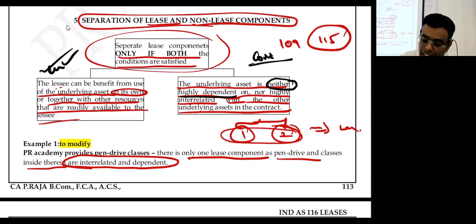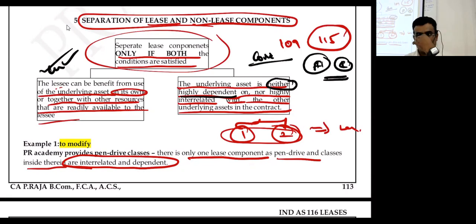Underlying asset 1 is flat, next is cleaning. Neither highly dependent. I am repeating because a lot of confusion has happened.